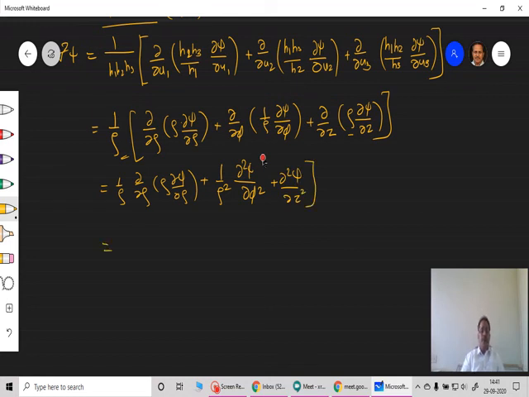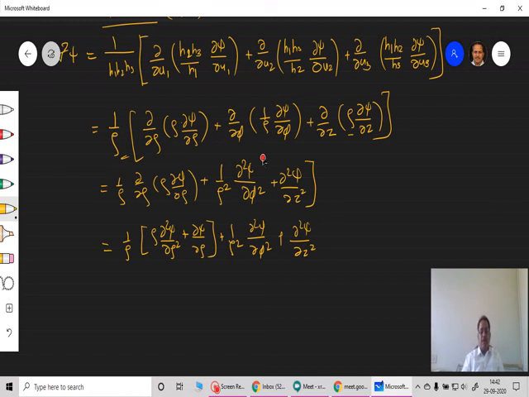Further, it can be written further as, if you remember, there can be two terms. So one gets 1 upon rho times in the bracket rho into ∂²psi/∂rho², taking this differential here, plus differential of rho with respect to rho is 1, so what remains is ∂psi/∂rho only, plus 1 upon rho square into ∂²psi/∂phi², plus ∂²psi/∂z².